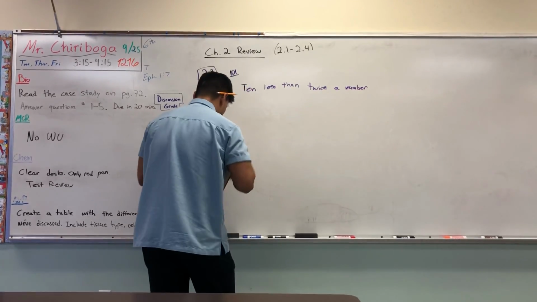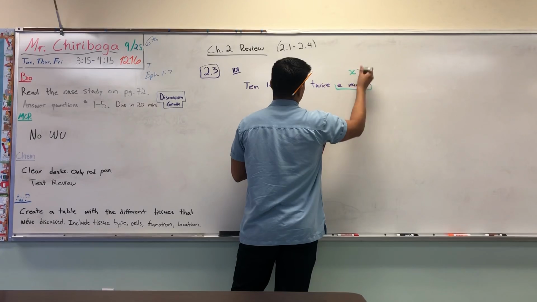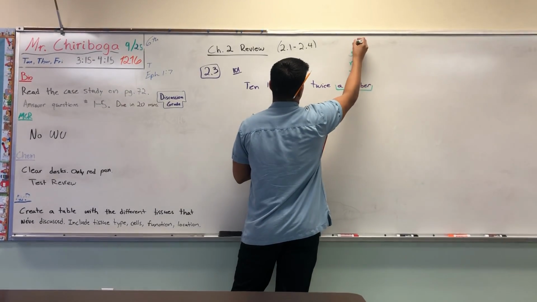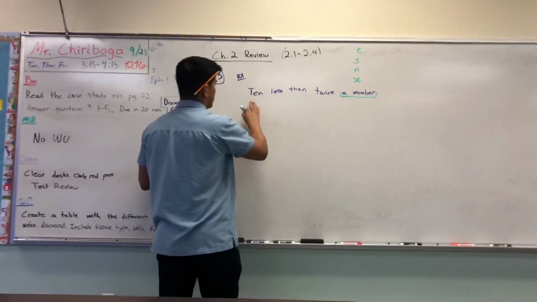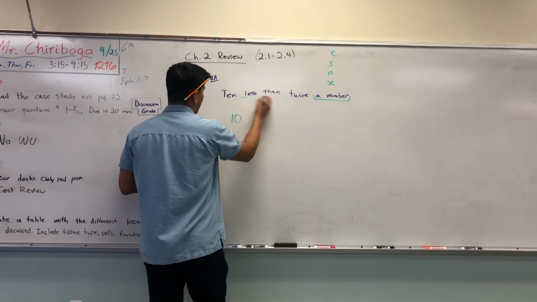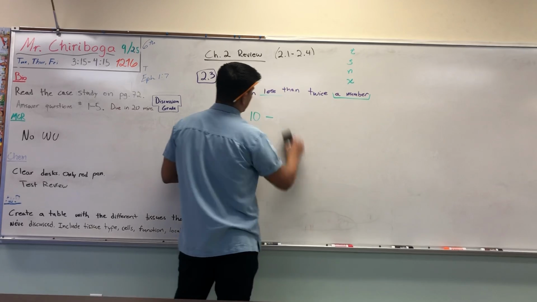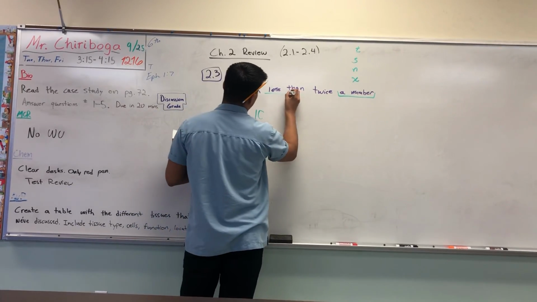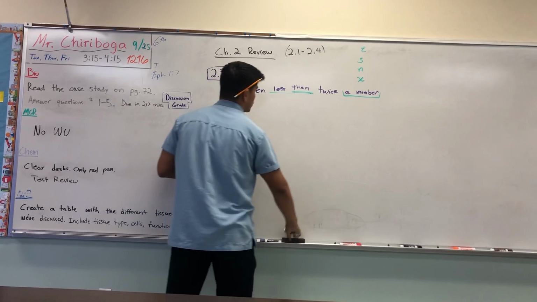This phrase, a number is just going to be a variable. So you can use x, you can use n, you can use s, you can use t, you can use p, whatever you want. A number is just going to be a variable. So 10 less, that's going to be minus, then twice a number. But now this less than, that's going to be comparative to the number.